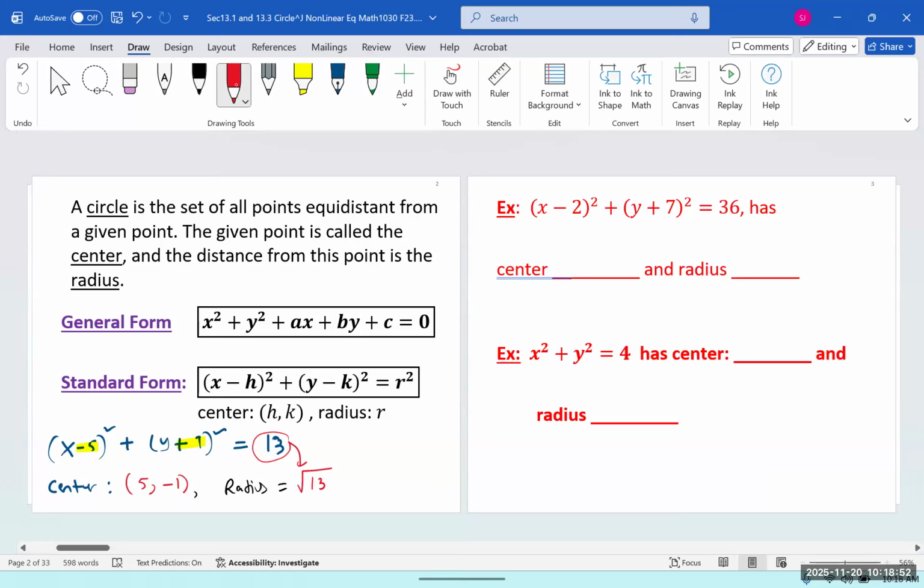Now let's do some exercise. We have (x minus 2) whole square plus (y plus 7) whole square equals 36. In this circle, what is our center?